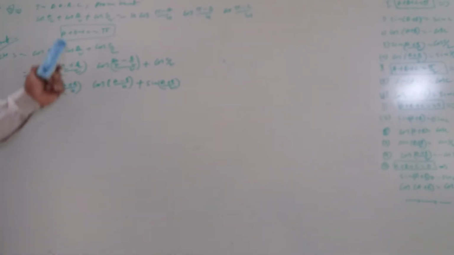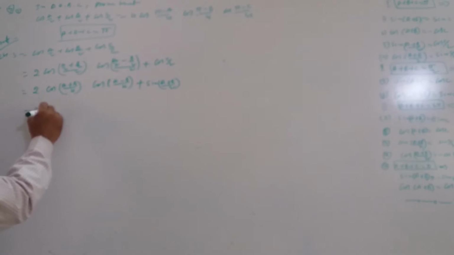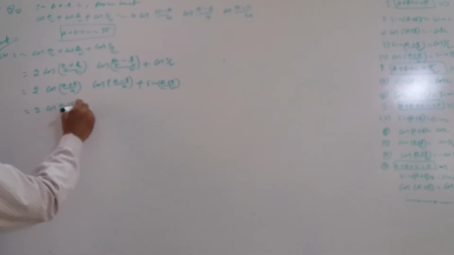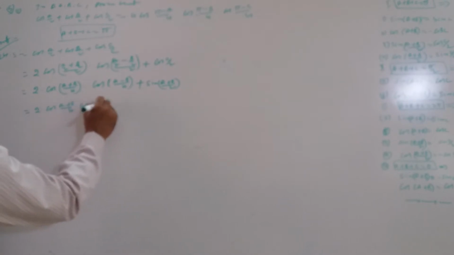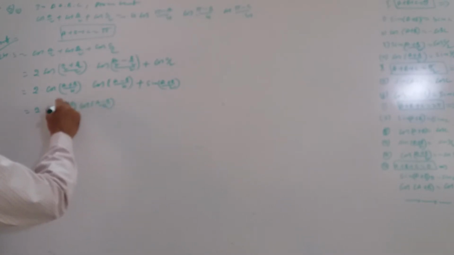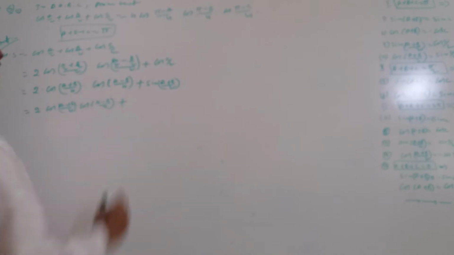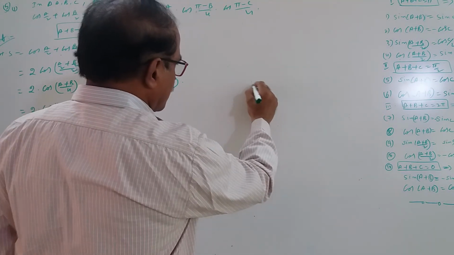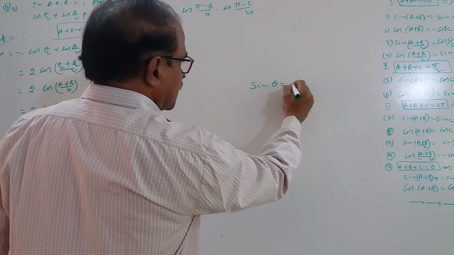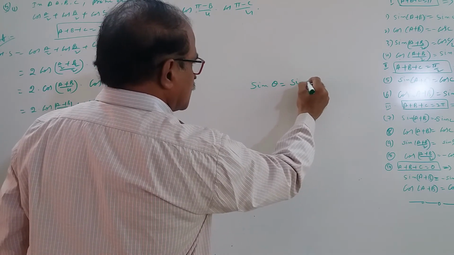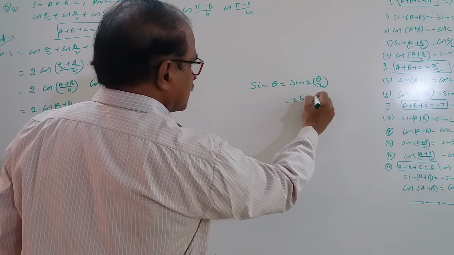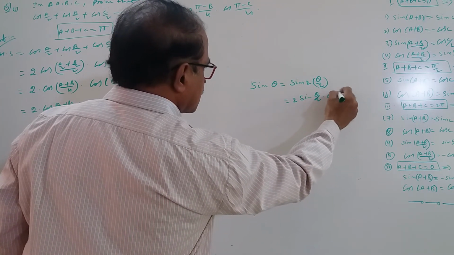Since A plus B plus C is equal to pi, we write 2 cos of (A plus B) by 4 into cos of (A minus B) by 4, plus sin (A plus B) by 2. Sin theta can be written as sin 2 into theta by 2, that means 2 sin theta by 2 cos theta by 2.